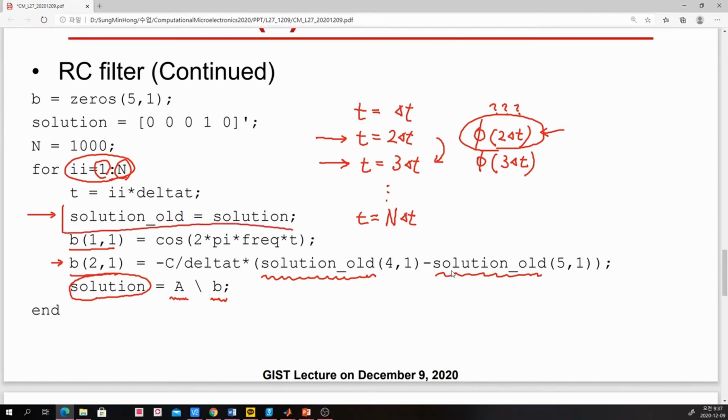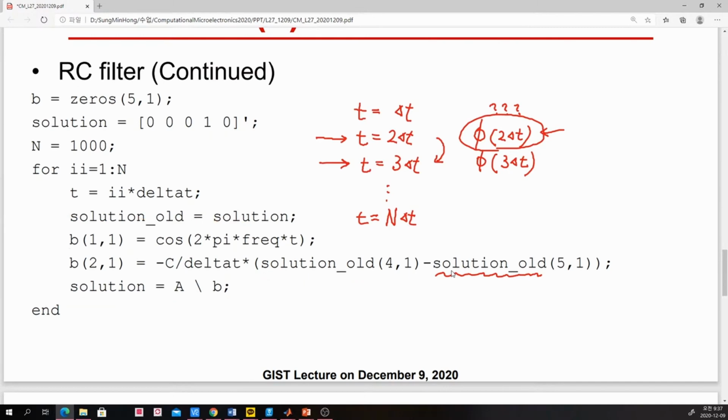Here we just copy the present solution to the old solution. So now we are switching to the next time point. Without this line, you will not have the proper operation of your transient simulation.